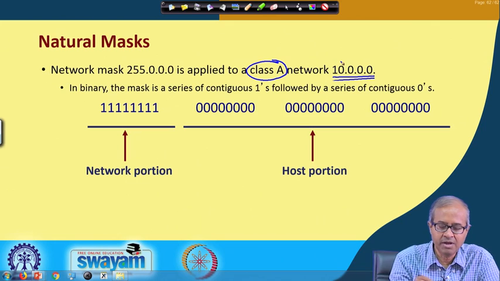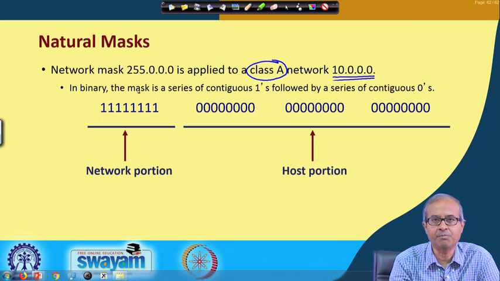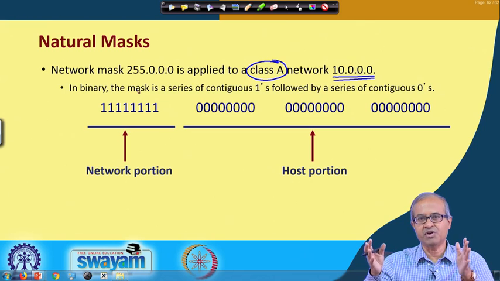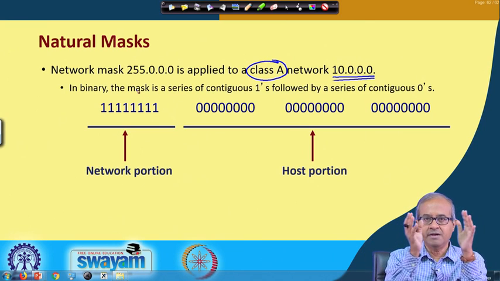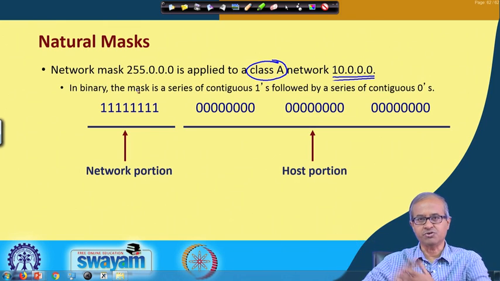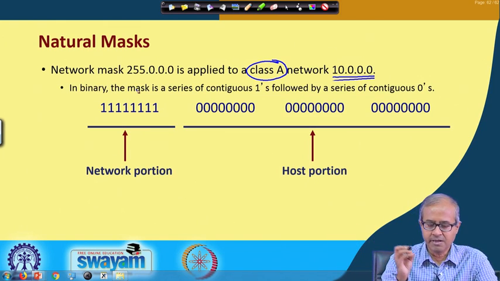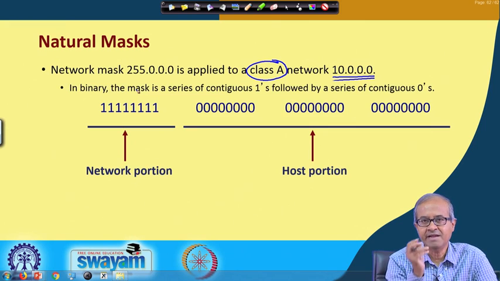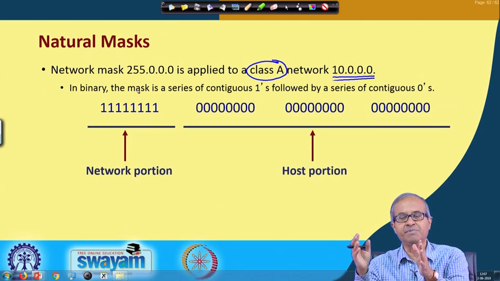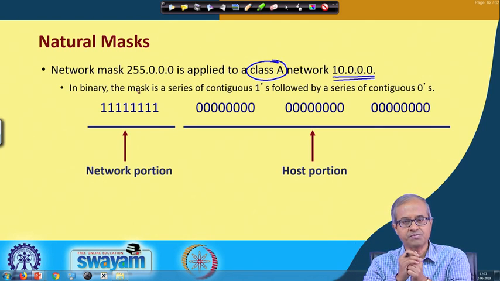What I do? I define something called a mask. Mask is a stream of zeros or ones, well, not arbitrary stream. First few bits will be 1 followed by all zeros. Ones indicate that these are bits corresponding to network, zeros indicate these are bits corresponding to host.